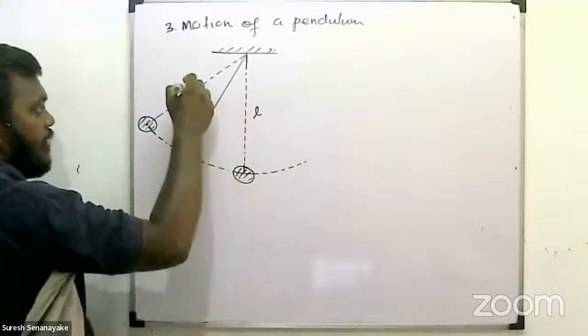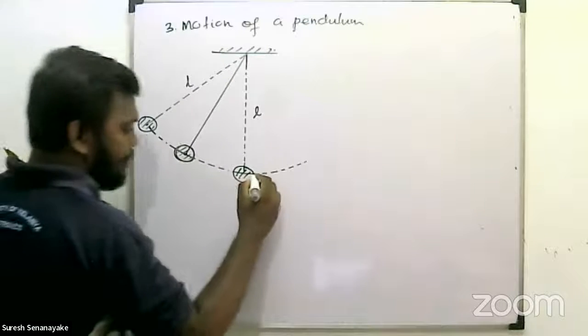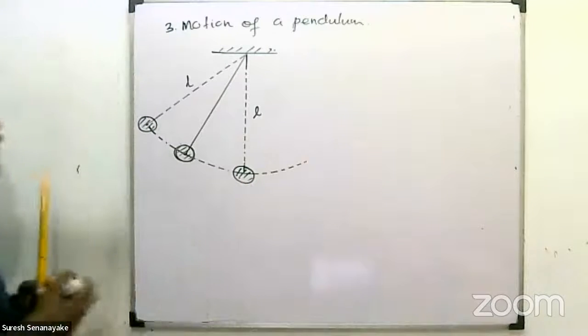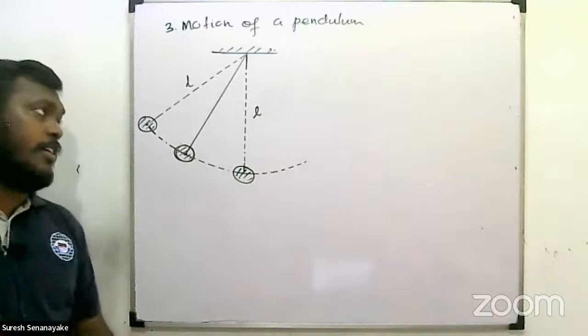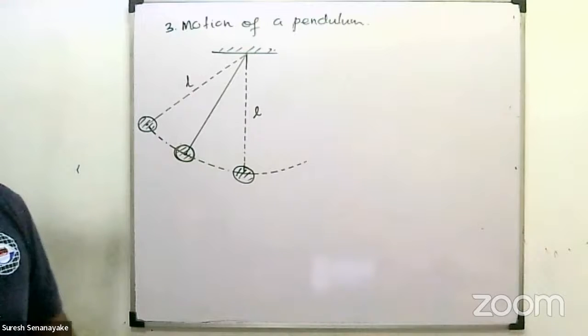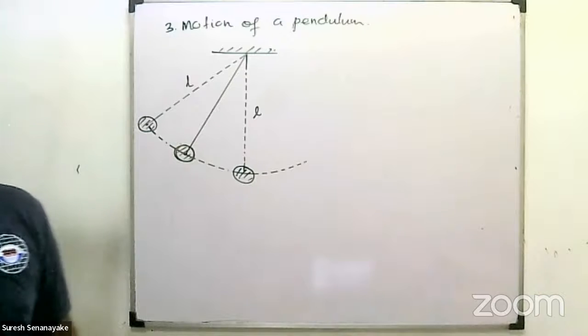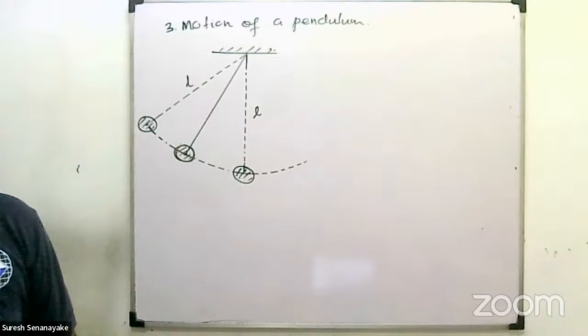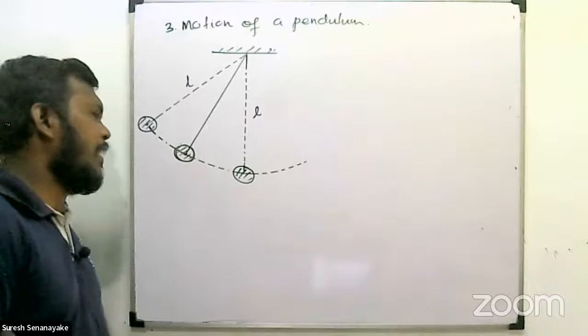The length of the pendulum is L. Let's write there: consider a pendulum of length L and mass m.